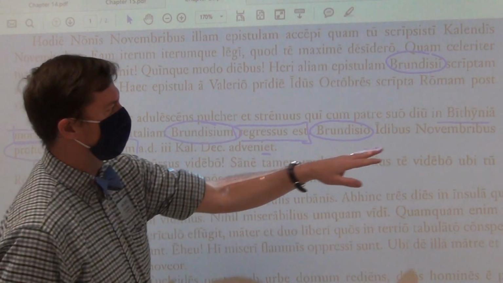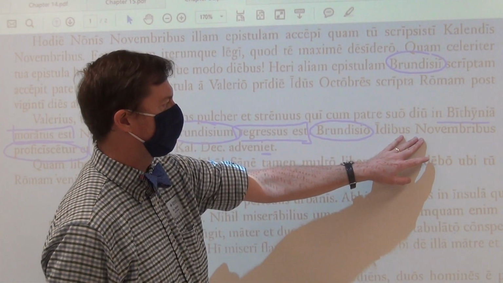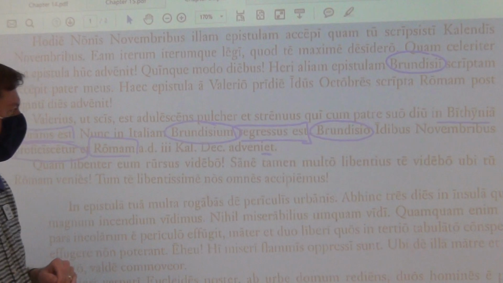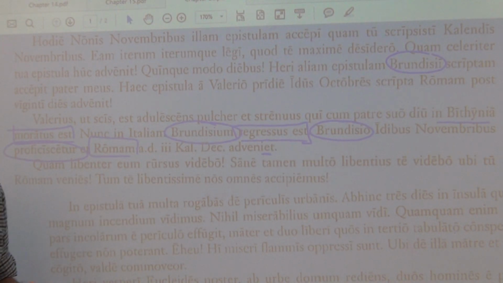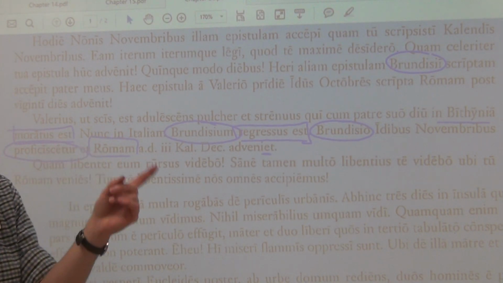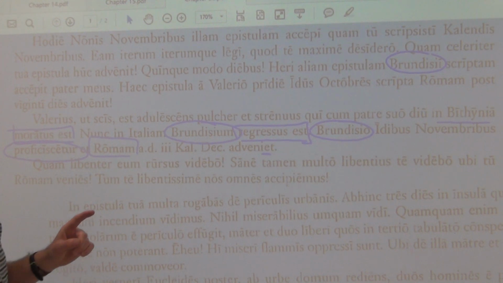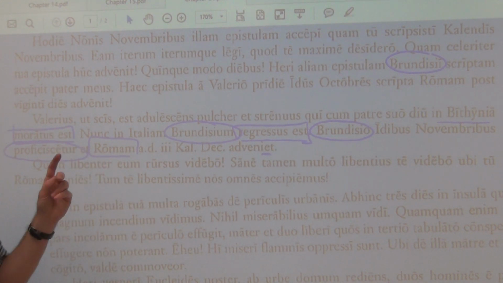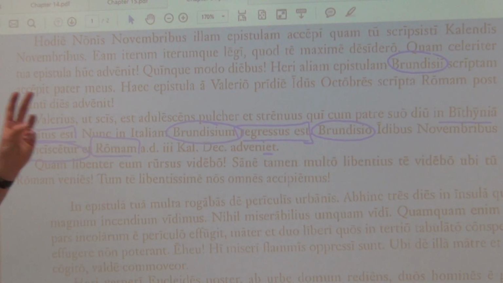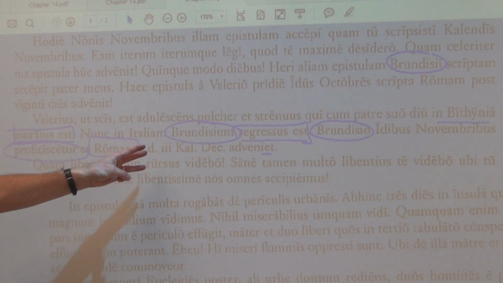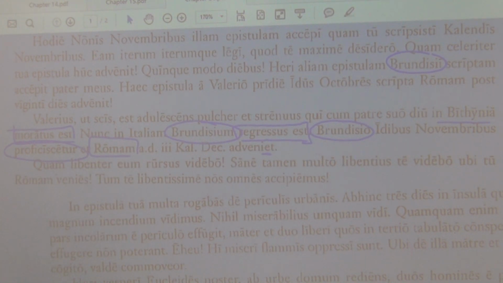So if he's going to set out from Brundisium on November 13th, the Ides, he's going to arrive on the third day before the December calends. Remember, the December calends are December 1st. So, the 1st, 30th of November, and then the 29th of November. So he will arrive on November 29th.